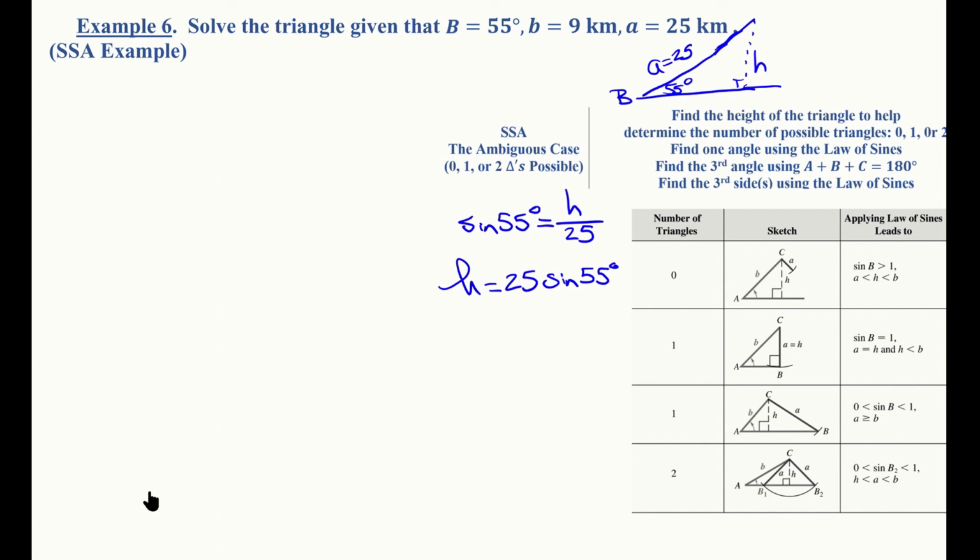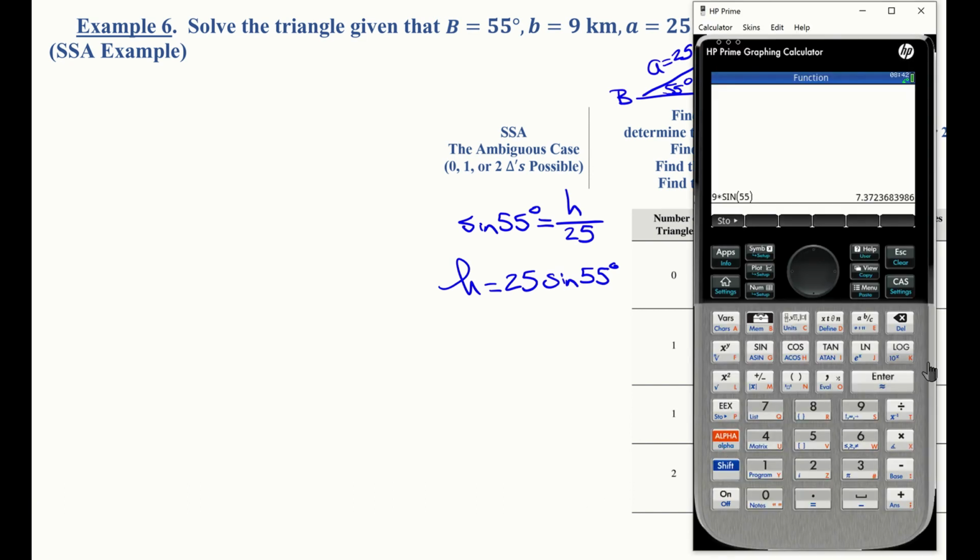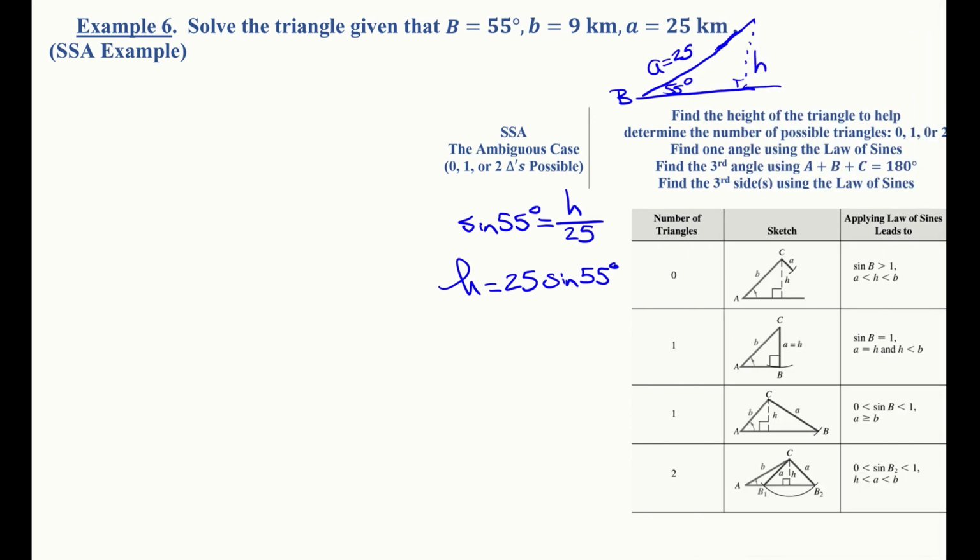And when we calculate that, let's go ahead and clear all that. So 25 sine of 55, we get 20.5 approximately.